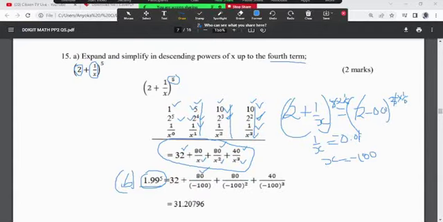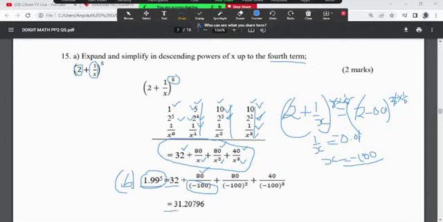So this 100 we have here, it is coming from this treatment when we want to find the value of x. So on substituting: 32 plus 80 over negative 100 plus 80 over negative 100 squared plus 40 over negative 100 cubed.